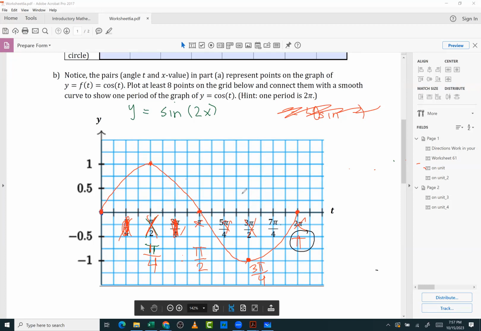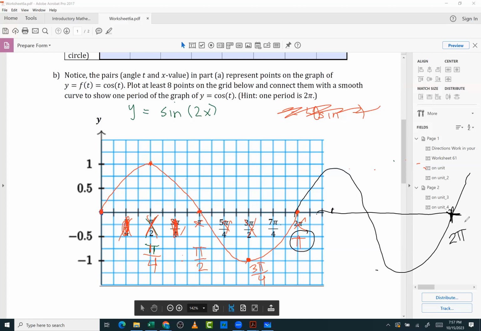Before, I had to go all the way around the circle to 2 pi to get back to the beginning, didn't I? Look, I got back to the beginning just by going pi. So I would actually have a whole other curve in here, and it would end here. Okay, so this would be 2 pi.